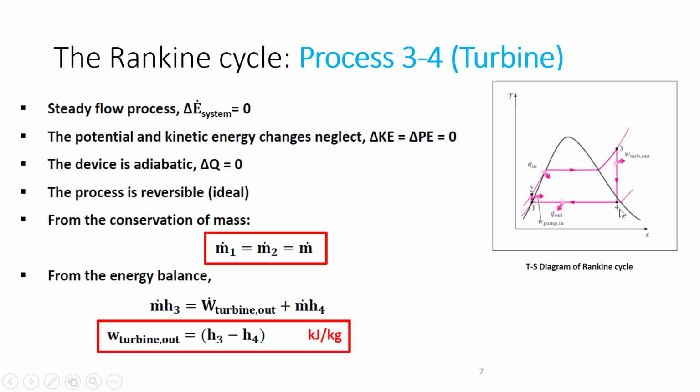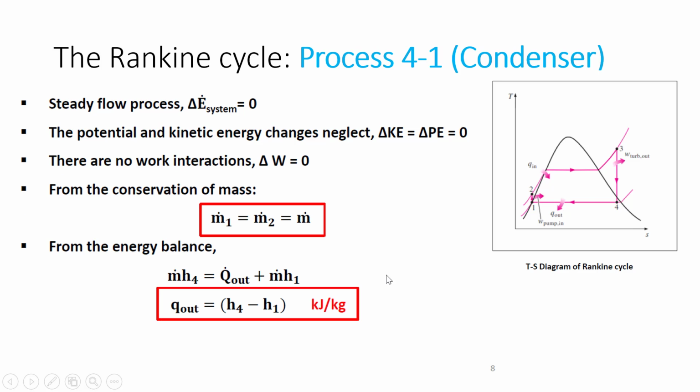At point 4, the energy balances with point 3, and here we have work out at the turbine. The turbine produces work. So m dot H3 equal to W dot turbine out plus m dot H4. Rewriting the equation, we get specific work turbine out equal to H3 minus H4.